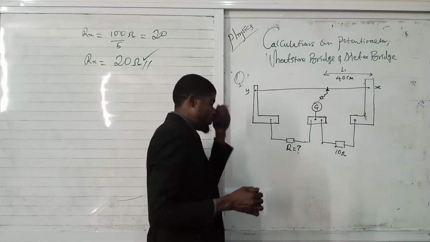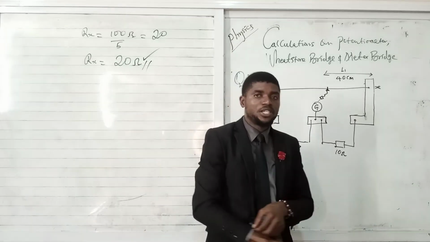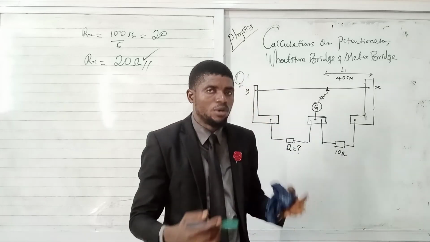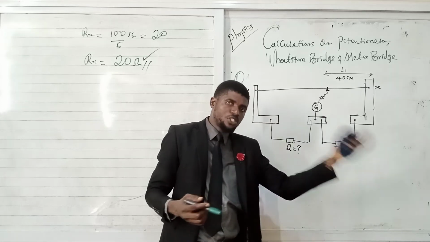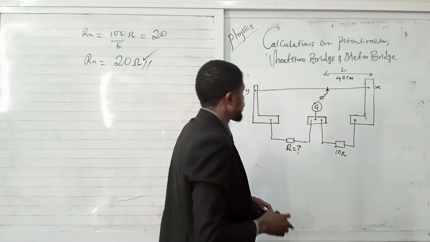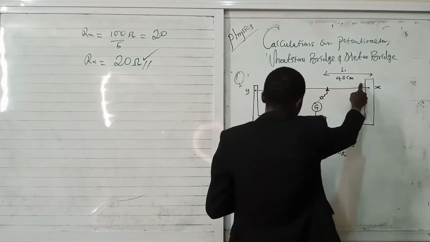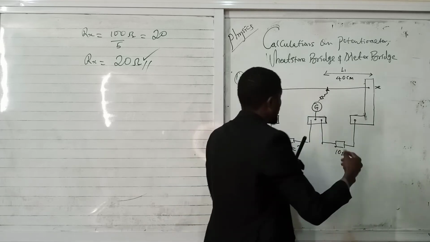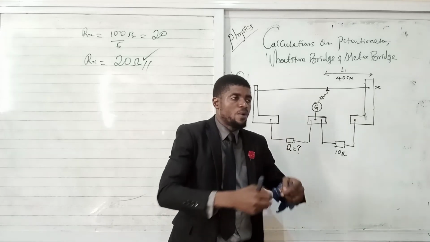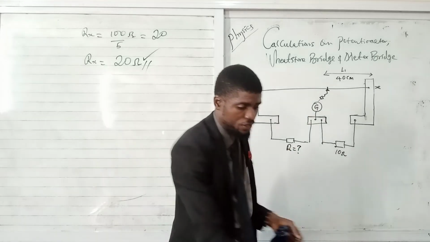Now, I told you the meter bridge is a practical application of the Wheatstone Bridge. It is also used to determine the value of the unknown resistance. The meter bridge, as the name implies, is a bridge that has a 100 cm resistance wire stretched across it.